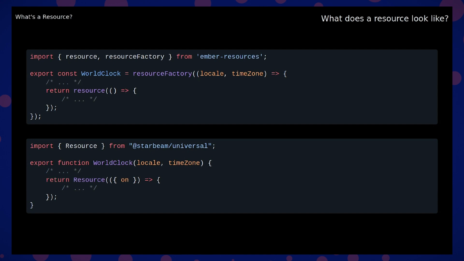This is because Ember doesn't have public APIs for tweaking how plain functions are invoked from templates. It is intended to just be a function, though, as it is here on the bottom. This will just work as part of the process of implementing Starbeam.